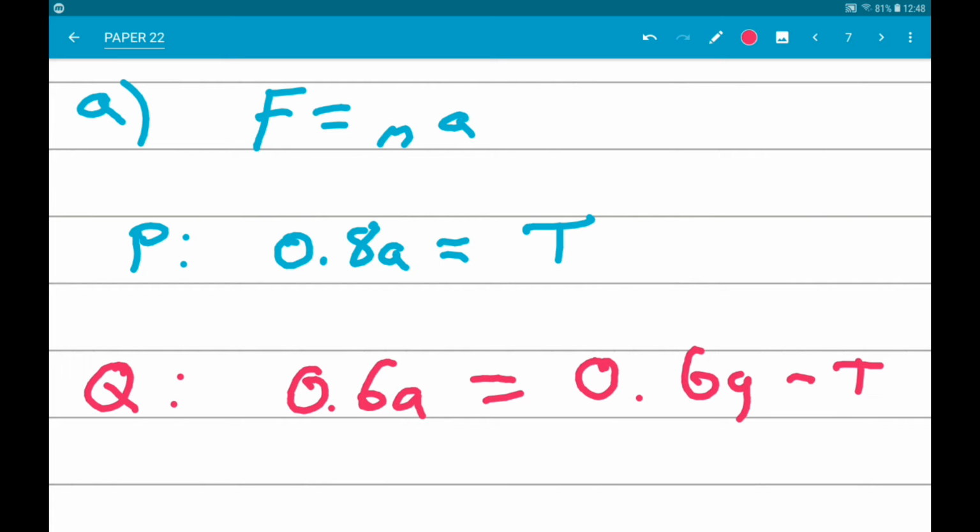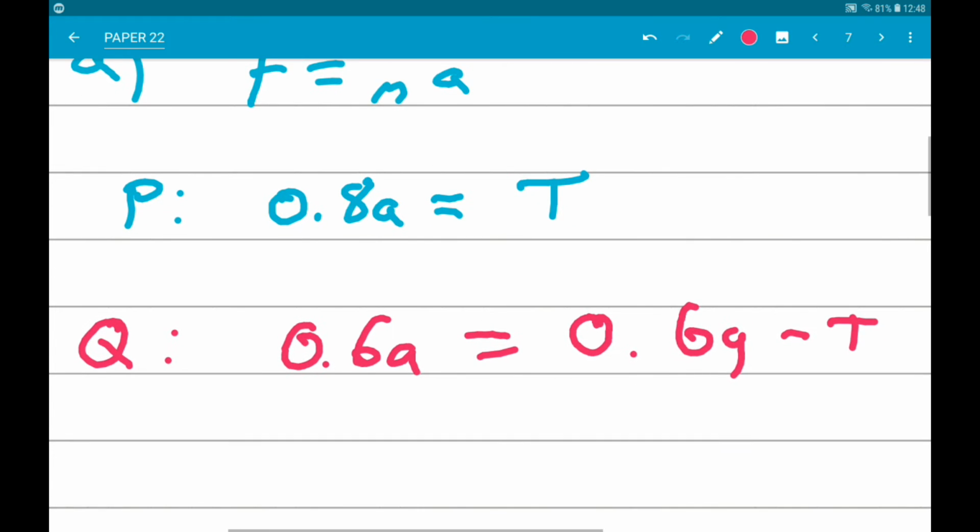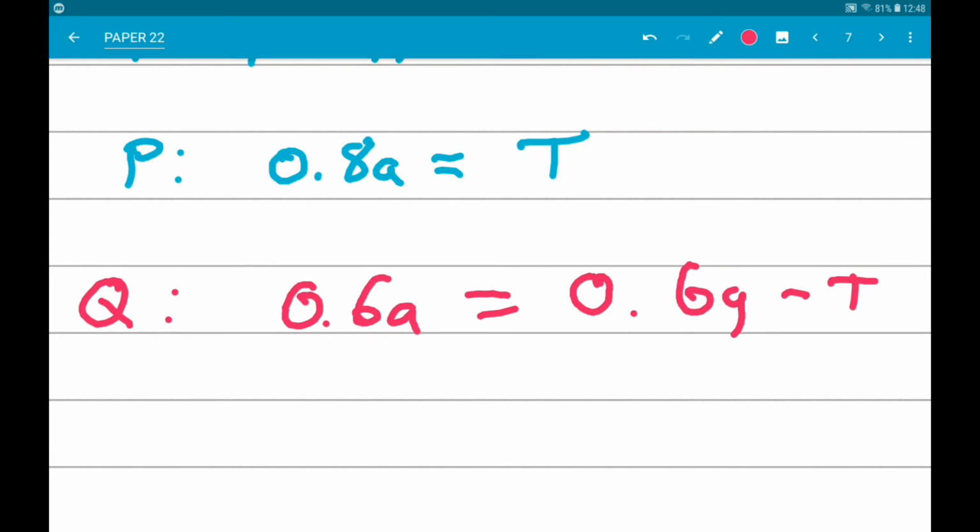Okay, so we can now treat these as simultaneous equations.